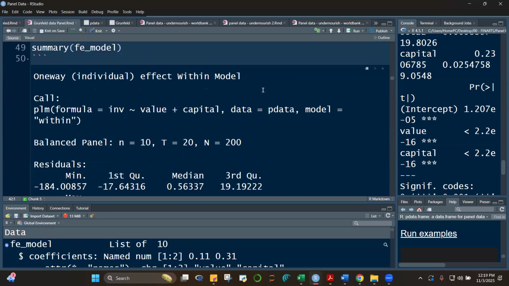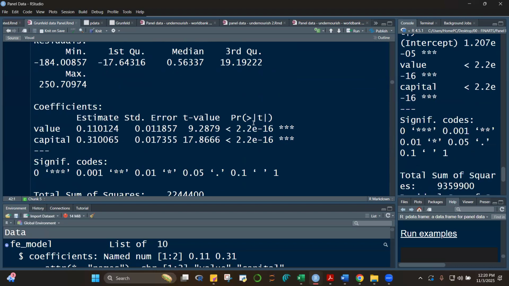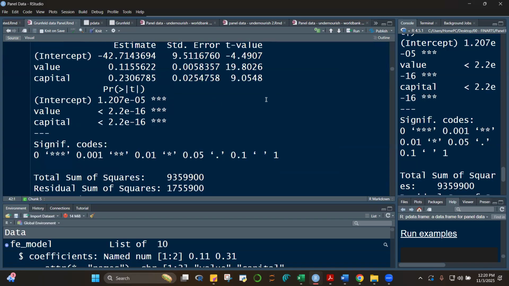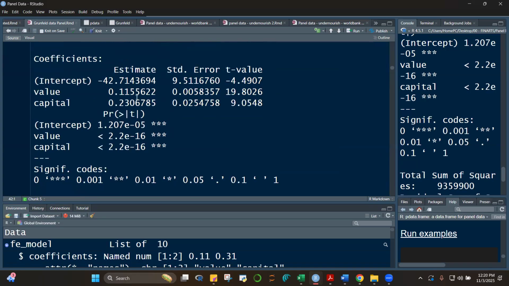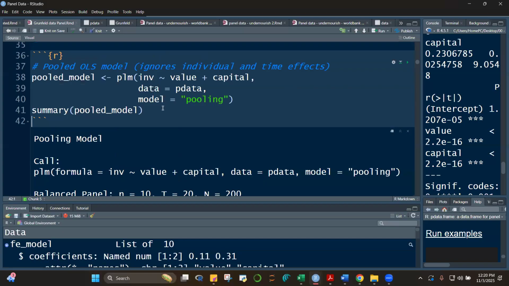Okay, for the fixed effects, why is the intercept no longer reflected here? And the 0.11, 0.31, are the coefficients the same? 0.11, 0.23. So there's now a difference between the values of the pooled OLS estimates, the coefficients for pooled OLS and for fixed effects. They're no longer the same, class.